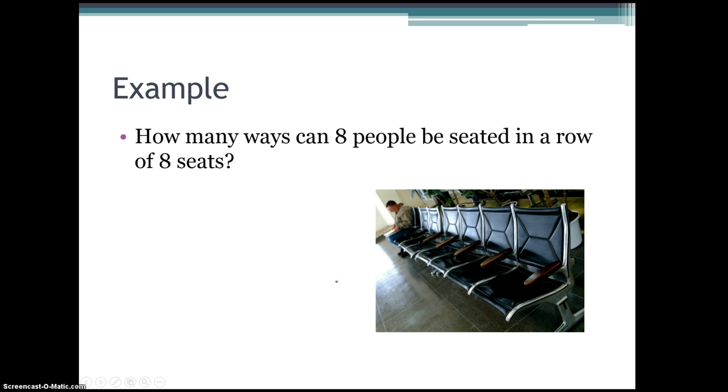Let's look at another example. How many ways can 8 people be seated in a row of 8 seats? So let's look at the solution for this. We've got 8 people and we've got 8 seats. So we've got 1, 2, 3, 4, 5, 6, 7, 8. Now, how many people could we put in the first seat? Well, you could put 8. Now, we've put one person over here.